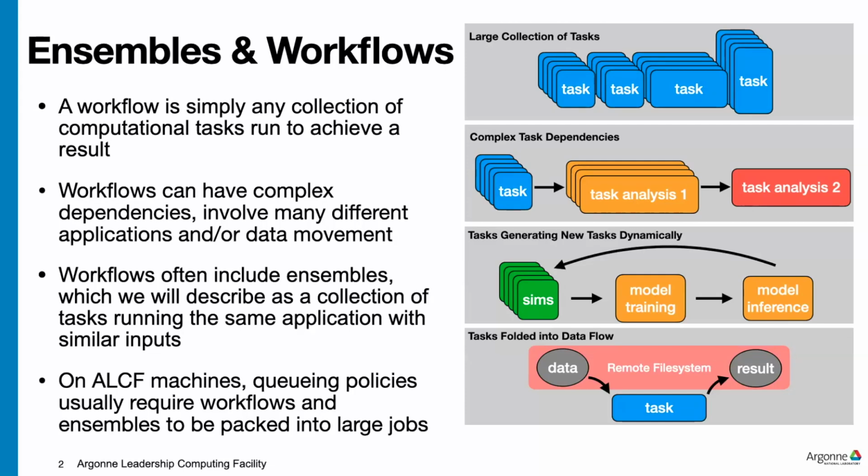Instead, we will encourage you to bundle this work into large jobs on the scheduler, maybe using 1,000 or 2,000 nodes or more, depending on how large your ensembles are. Sometimes this can be a little bit of a learning curve for users, but in the long run, it will make your work more efficient. And using some of the tools we'll discuss here today, hopefully can give you some strategies for approaching this.